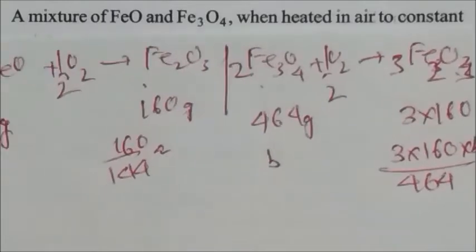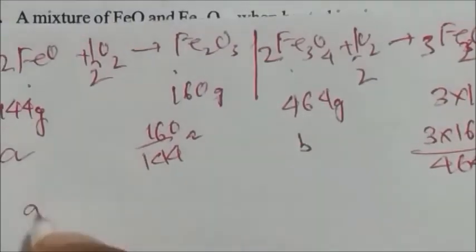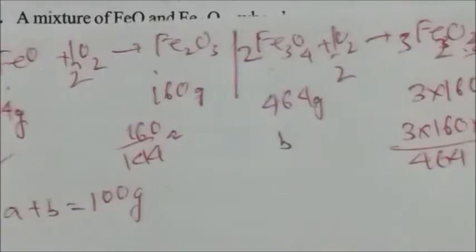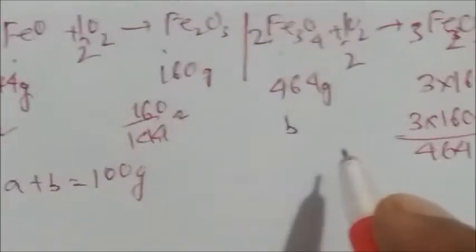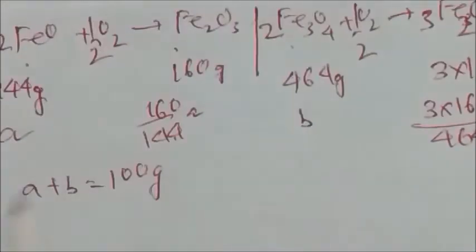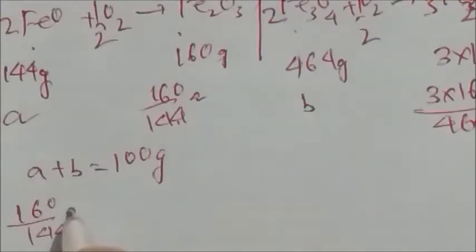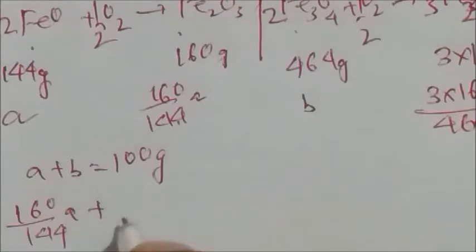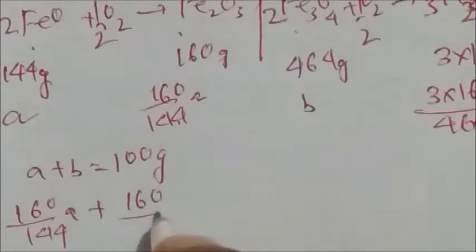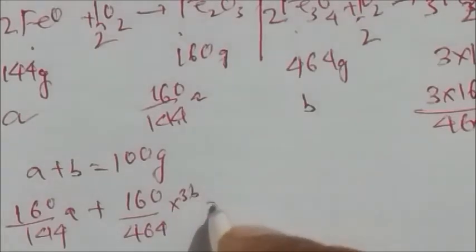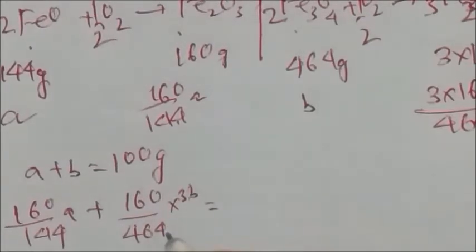Now we have one more thing, that is A plus B is equal to 100 gram. We know A here and we know B this side. So we can write 160 by 144 A plus 160 divided by 464 into 3B is equal to, now how much weight is increased?